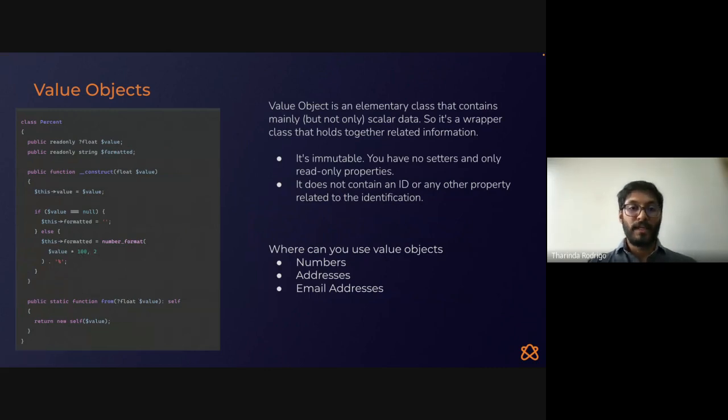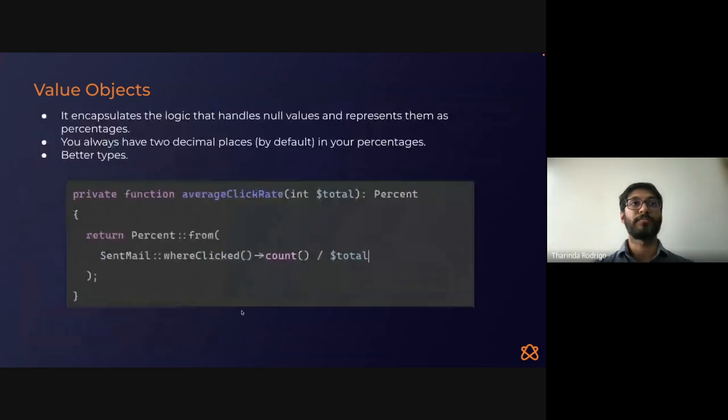So the advantages are it encapsulates the logic and handles null values as well. You can see you always have two decimal places in this example, and it also has better type handling, because you have type hinting.